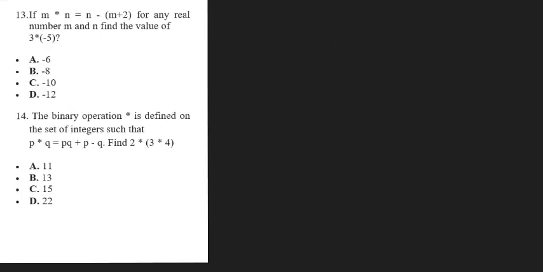Right, question 13 says, if m asterisk n is equal to n minus n plus 2 for any real numbers m and n, find the value of 3 asterisk minus 5. So we have here m asterisk n is equal to n minus n plus 2.